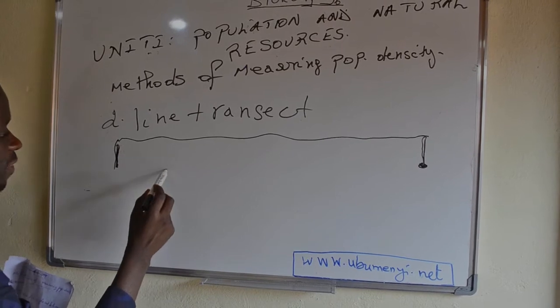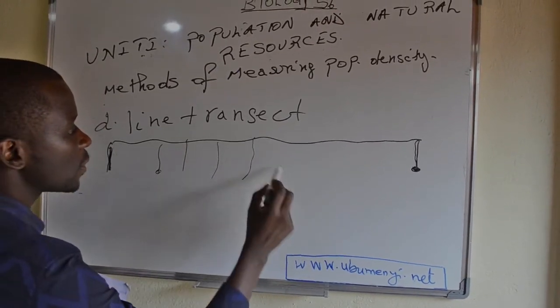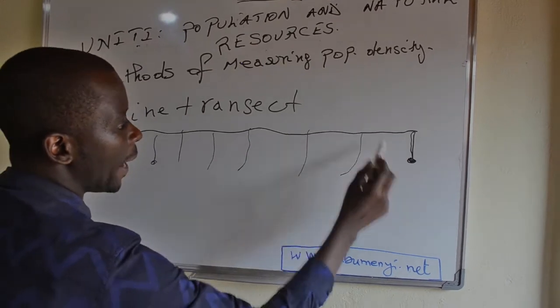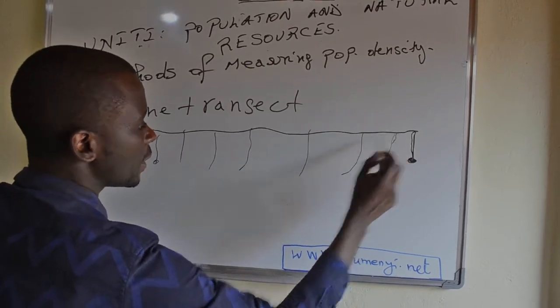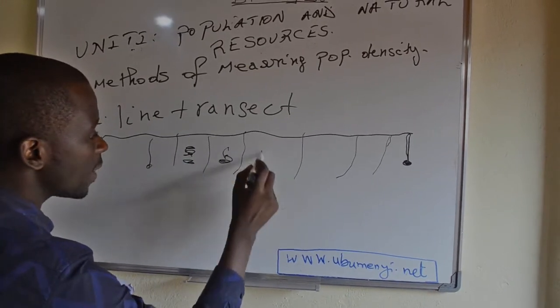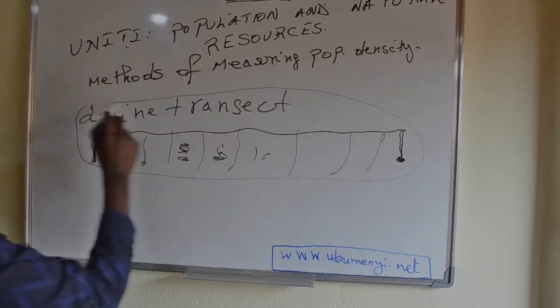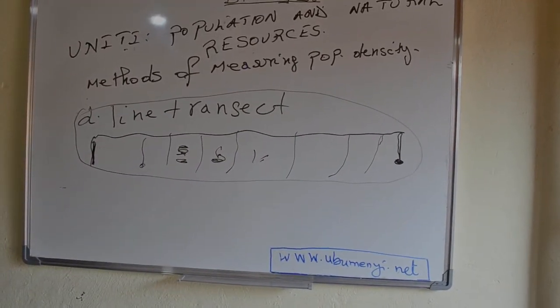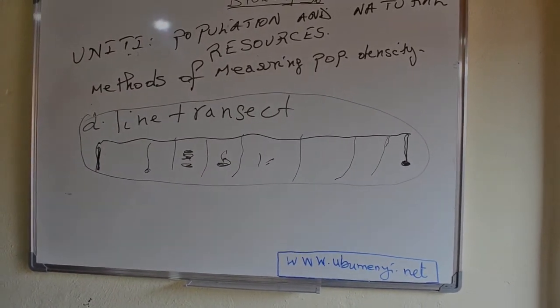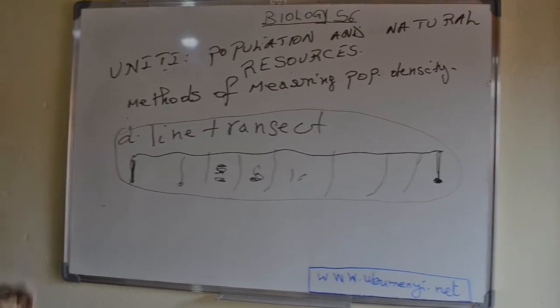If there are trees here, the trees that touch this line are going to be counted. The trees that don't touch it, you don't count them. This is what we call a line transect. You can use any line, the rope in this form or any other rope.